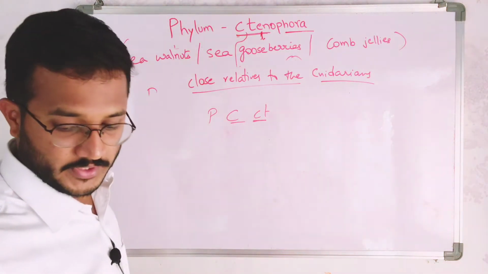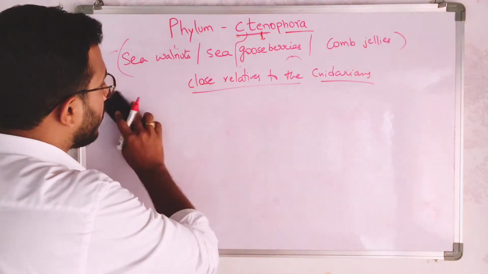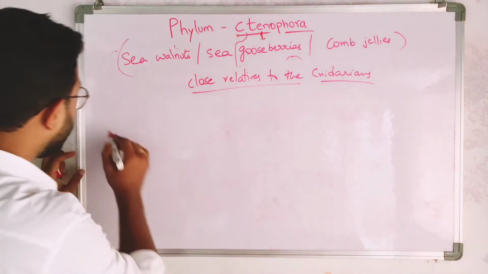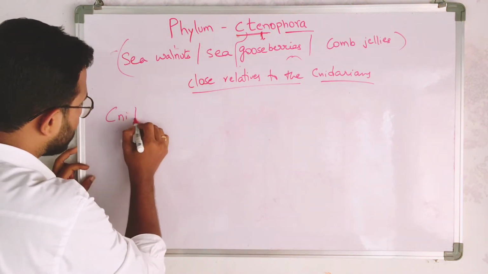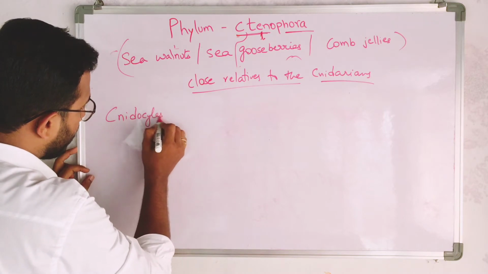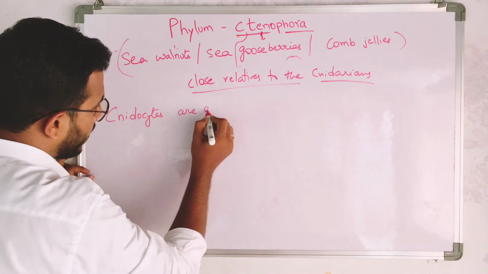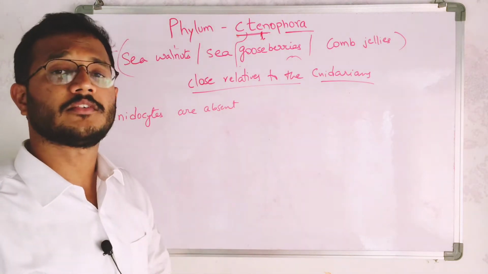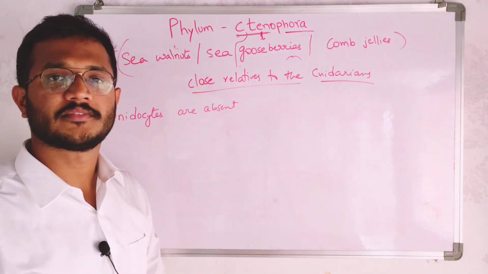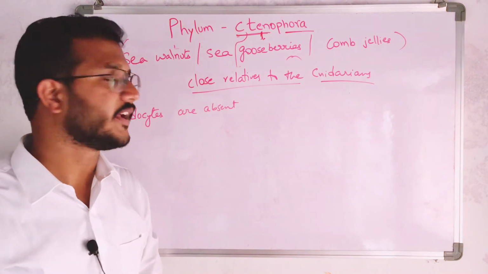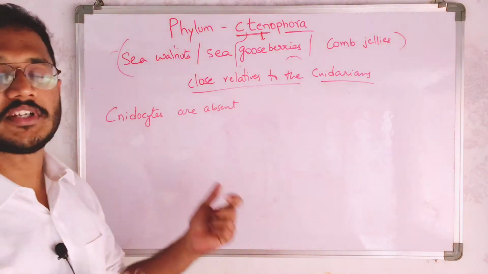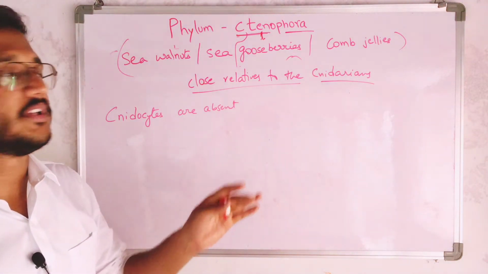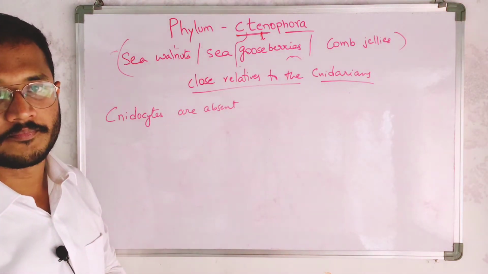So we have to observe that. And here one more exception is that in the ctenophores the cnidocytes are absent. If cnidocytes were present, we could keep the animals in Cnidaria itself. So that's why, due to the absence of cnidocytes, we separate these animals and put them in a separate phylum.